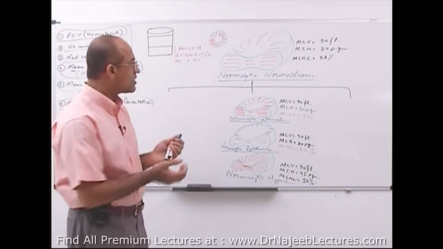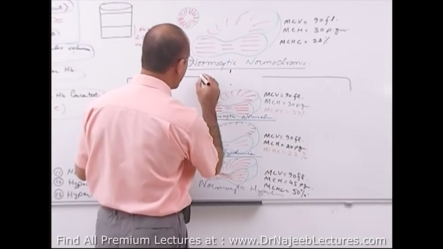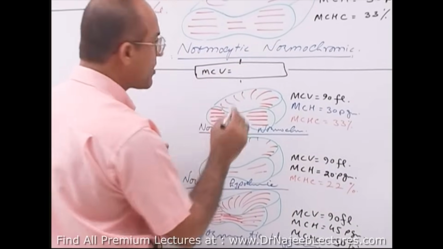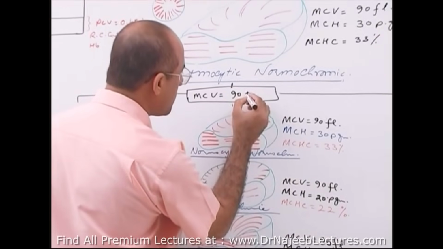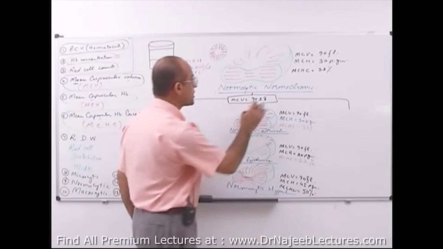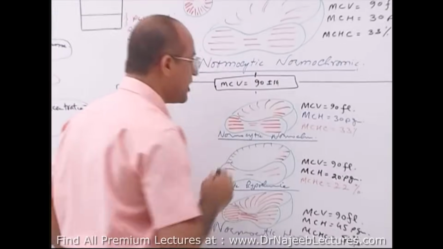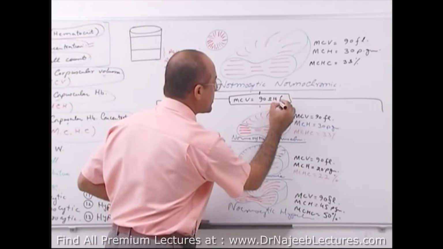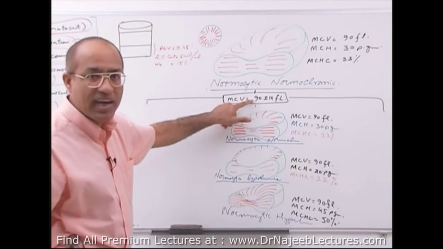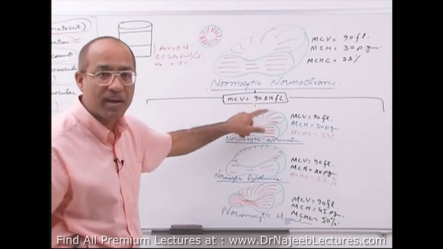Is that right? Now there is one thing. Normally doctors say that the normal value of mean corpuscular volume should be 90 femtoliter plus or minus 10. What does it mean? That a normal RBC can be maximum 90 plus 10 or 90 minus 10.